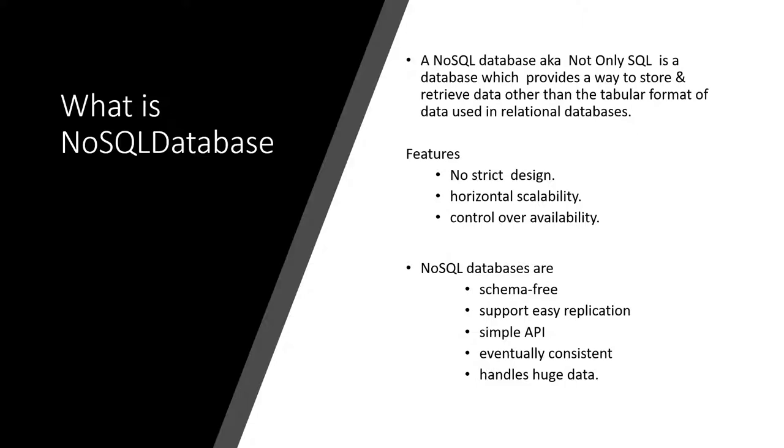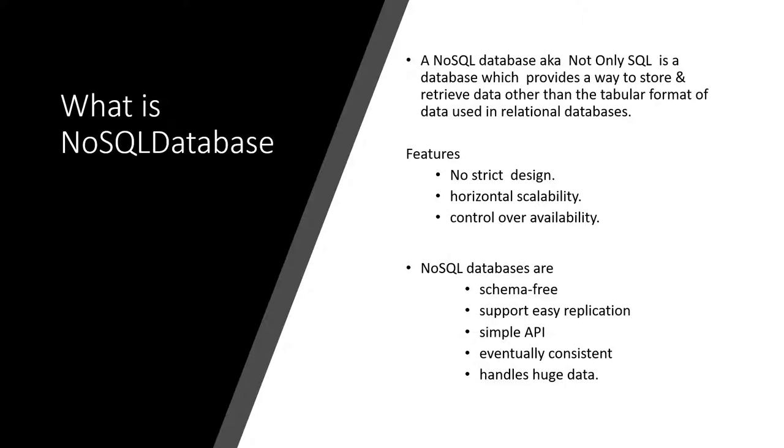When we say NoSQL database, that means a database which is not only SQL, right? If you know about RDBMS, the relational database, the data is stored in the form of tables. A table has columns and rows, and there is a predefined format of the table with predefined data types, wherein you have to put your data in the specified format.